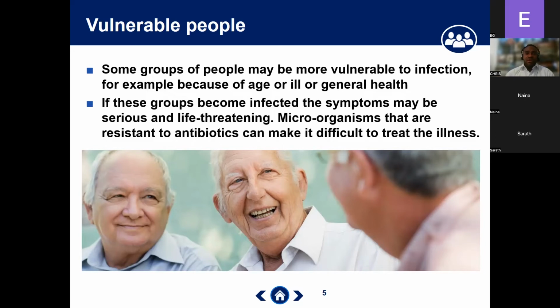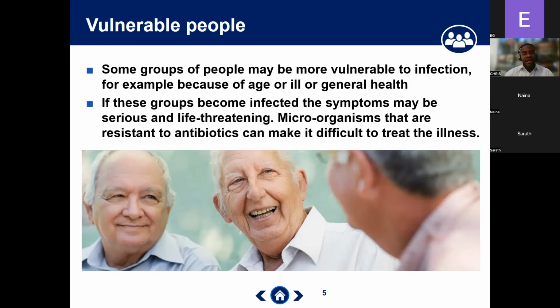So in these groups, if they become infected, the symptoms may be serious and life-threatening. Why? Because of their age. Microorganisms that are resistant to antibiotics can make it difficult to treat the illnesses that this group of people get as a result of the infections.